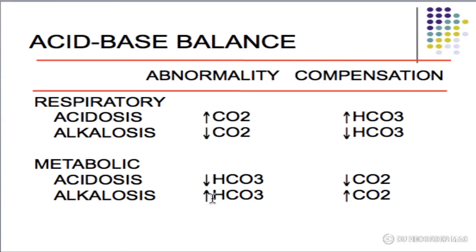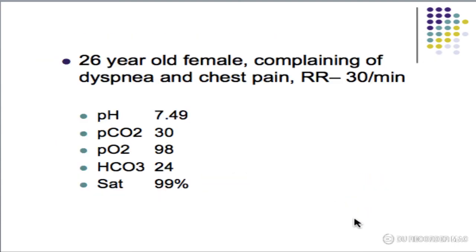With alkalosis, your bicarbonate is above the normal range. So this is a metabolic alkalosis but the compensation must be opposite in the other parameter. If the status is metabolic alkalosis, the respiratory status must compensate with respiratory acidosis.